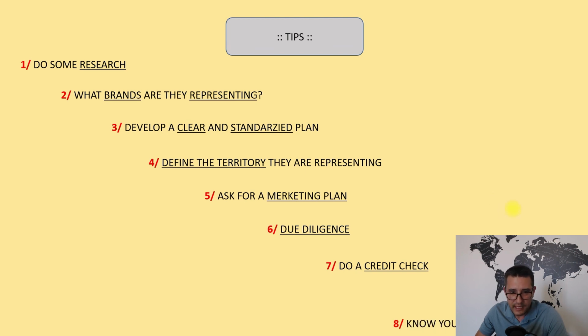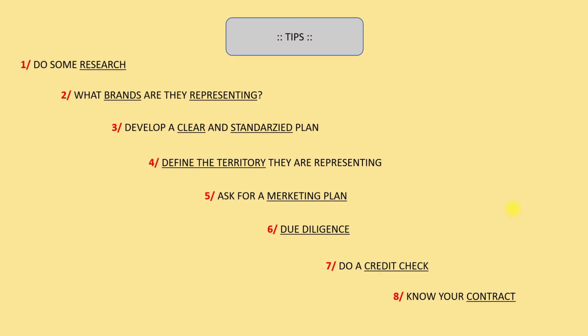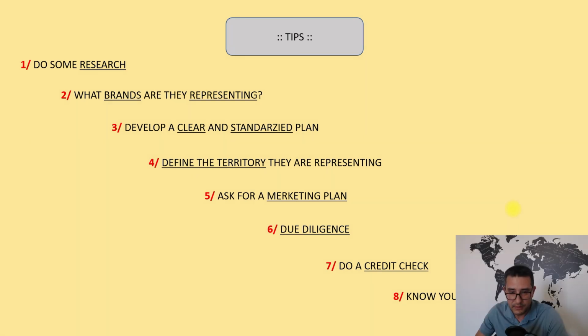And finally, guys, very, very important here, really try to know the terms of your contract. And my advice is to always, always include a clause that allows you to terminate the contract for non-performance against set goals and sales targets.